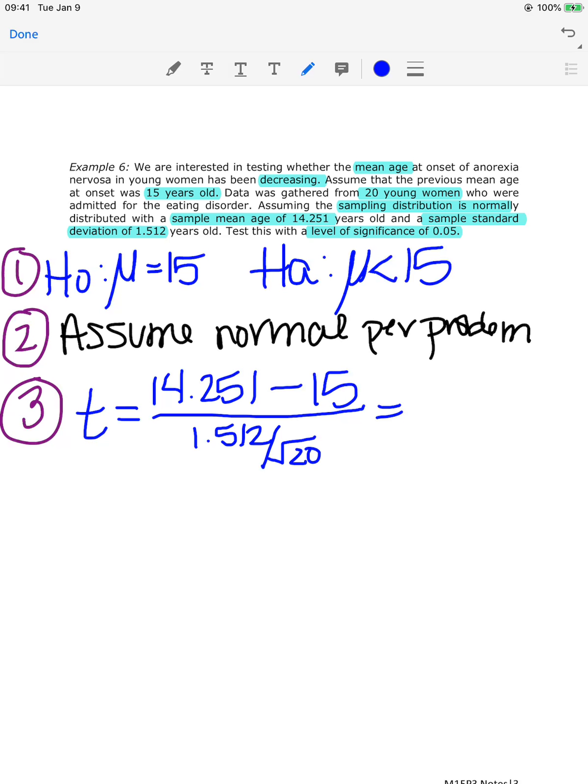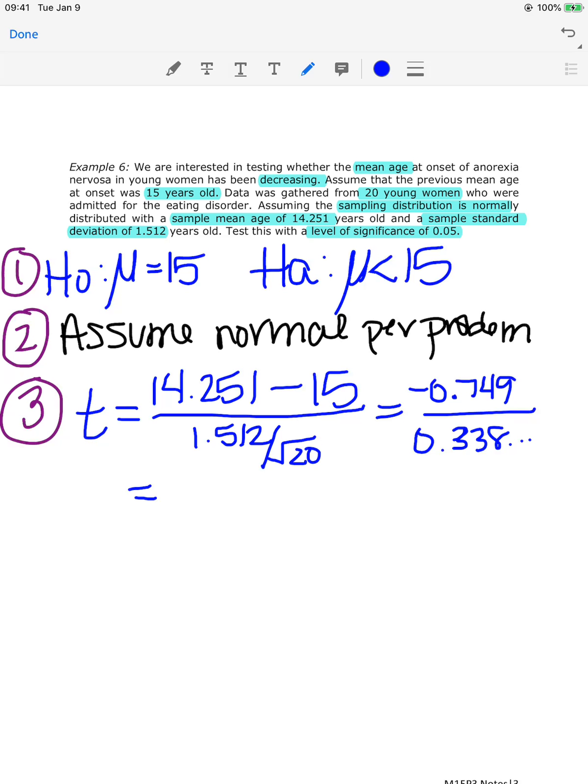So 14.251 minus 15 is 0.749. And the bottom piece is a very long number, 0.338... Use all those decimals.